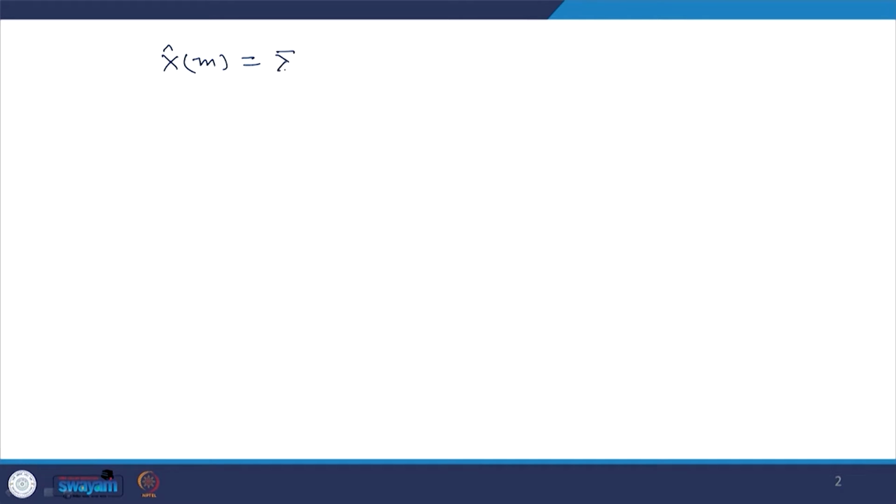It becomes the sum from i equals 1 to m of y_i phi_i plus the sum from i equals m plus 1 to n of b_i phi_i.